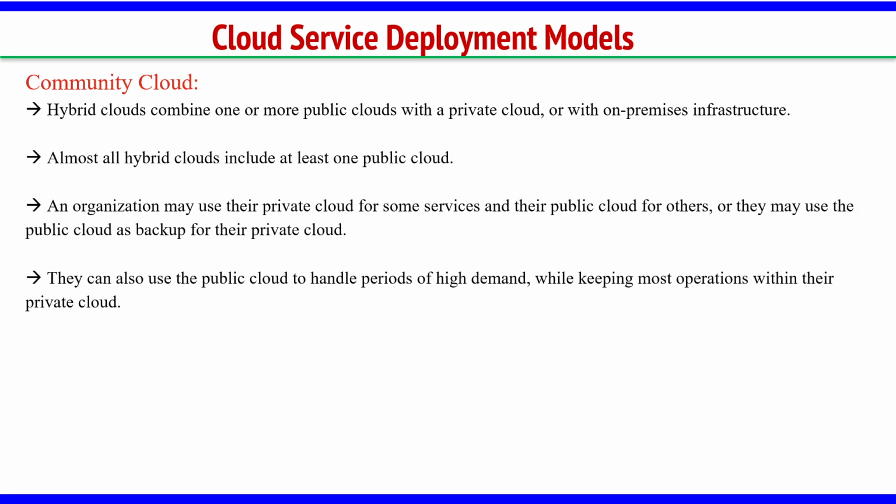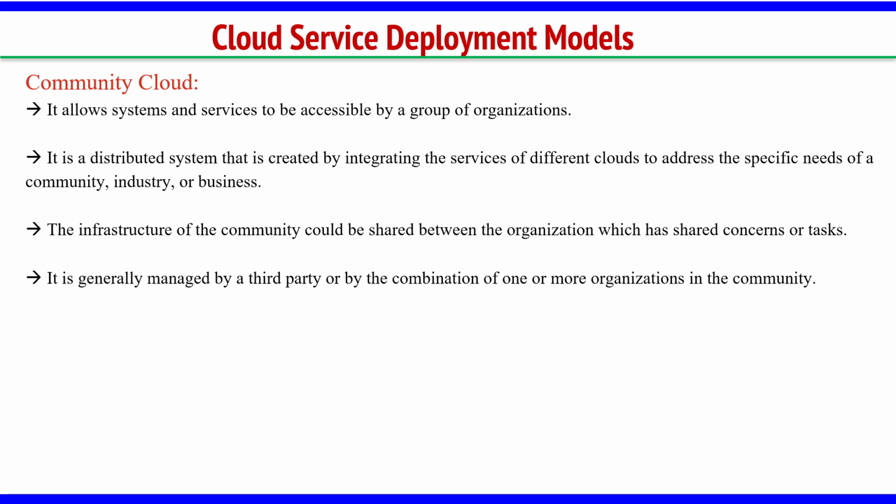So these three. Then the fourth one is community cloud. Okay, so this is also another variant of cloud. So in community cloud, it allows systems and services to be accessible by a group of organizations, right?